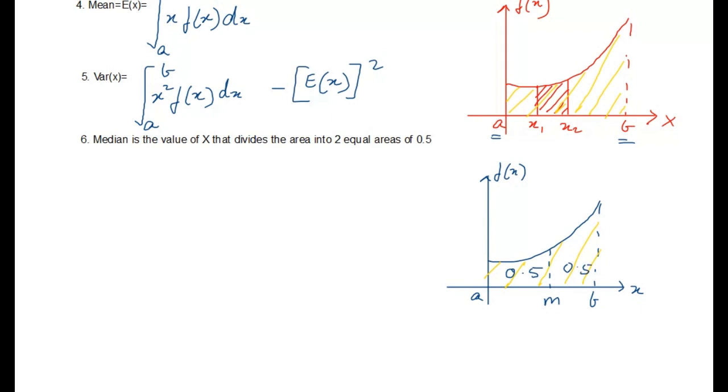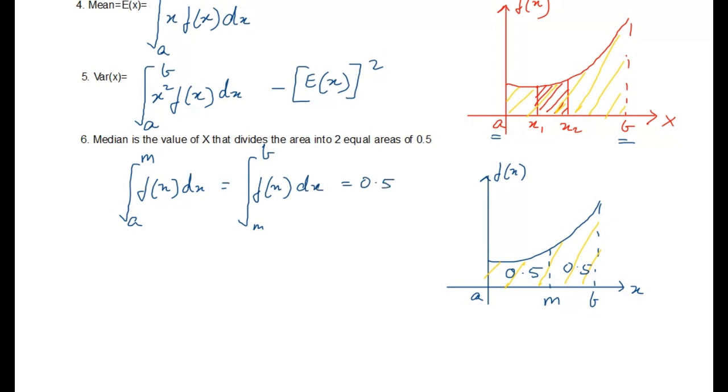We can express this in terms of integrals as the integral between a and m, m being the median, of f of x dx is the same as the integral between m and b of f of x dx, and both of them are equal to 0.5 because that's the definition of a median.